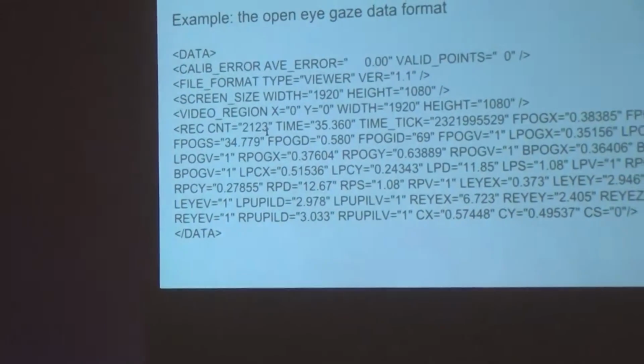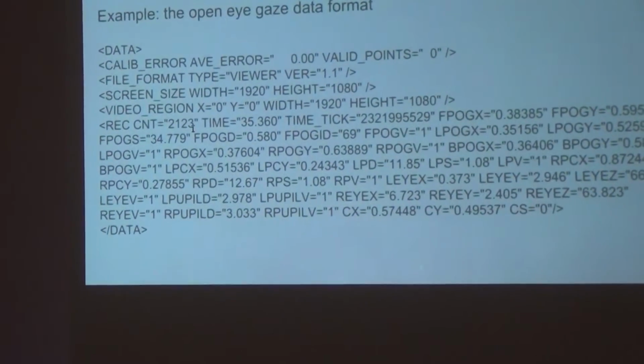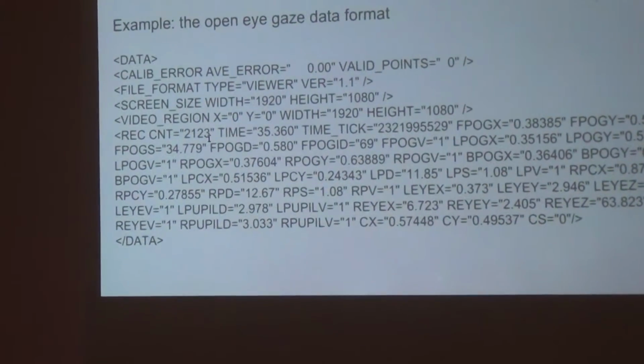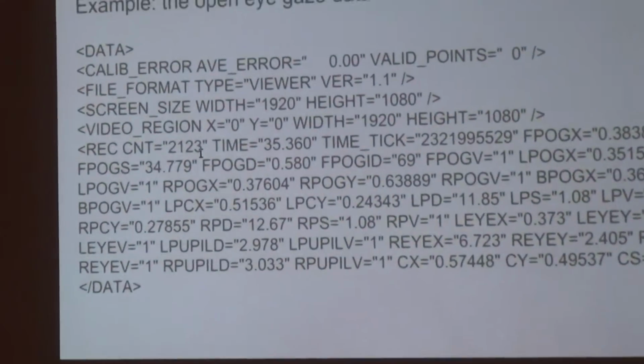What comes next from here on? This is now the actual eye tracking data package. And the first variable here is a count. As I already told, this makes 50 measurements per second, and 50 similar packages of data will be recorded each second.